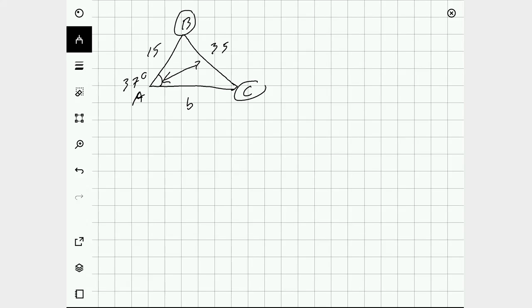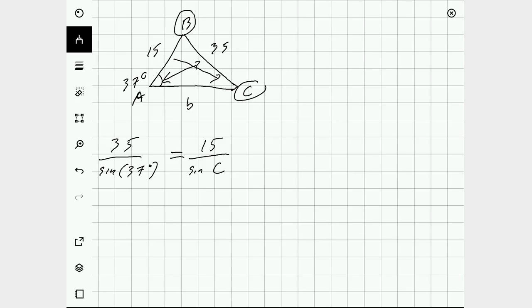We take the side we know, we divide by the sine of the angle opposite, in this case 37 degrees, and that's going to be equal to the other side we know divided by the sine of the angle opposite that, which in this case is C.